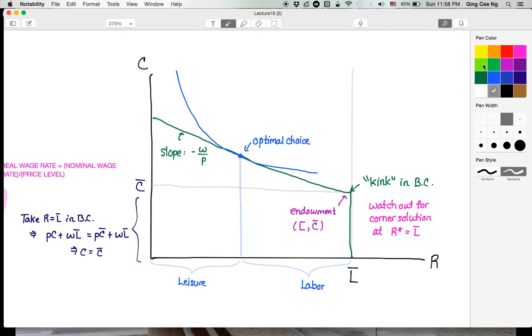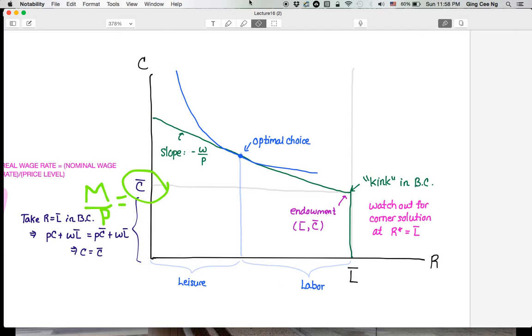Well, that's coming from your consumption endowment. Technically, it's coming from your M, your exogenous income, which we divided by P. So here, your non-labor income can be converted into consumption.